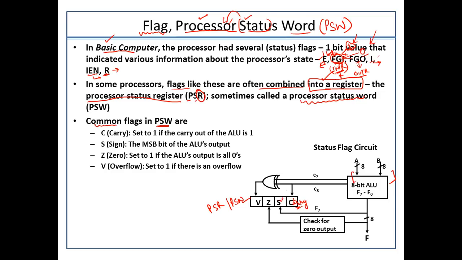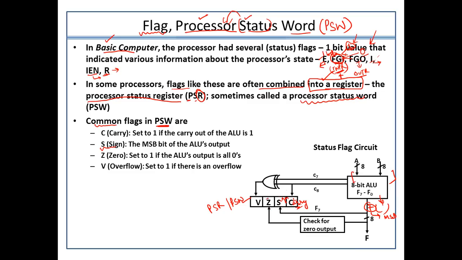This is S. S is depicting the sign bit, right? So if there is some sign bit associated with the result, the most significant bit of the resultant output is going to depict the sign bit.